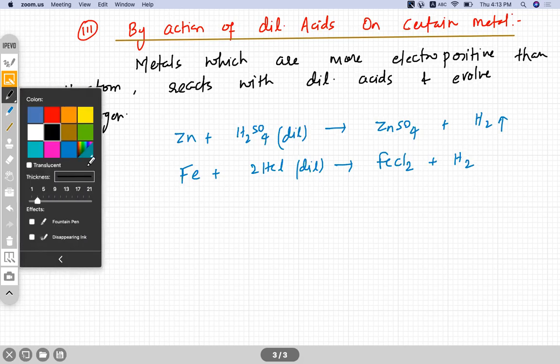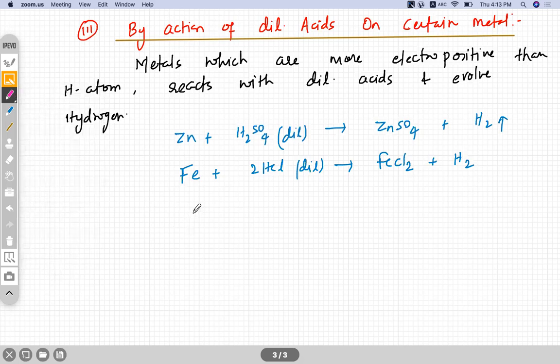One question that they ask here: if you take copper plus dilute H2SO4 and write CuSO4 plus H2, this reaction is not possible. It does not release hydrogen because copper is not more electropositive than hydrogen. It cannot displace hydrogen from dilute acid. Okay, done.